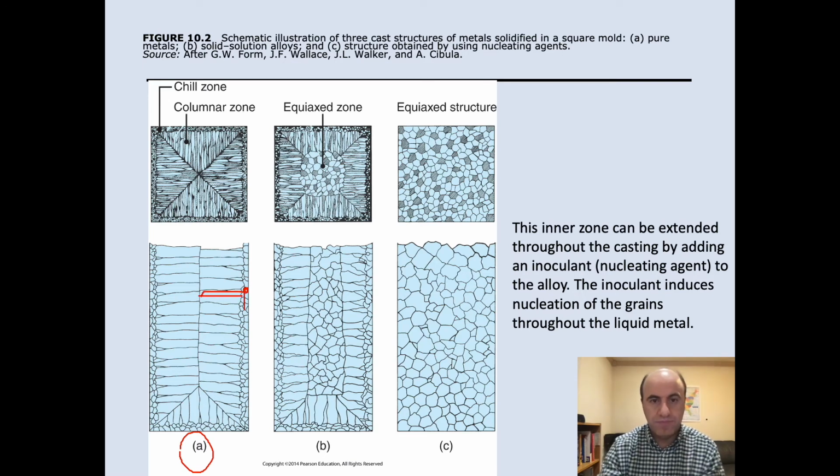This is the alloy. We have a similar issue around the wall, and then inside near the center, we have smaller grains. The grains are of similar size. They are called the equiaxed zone.